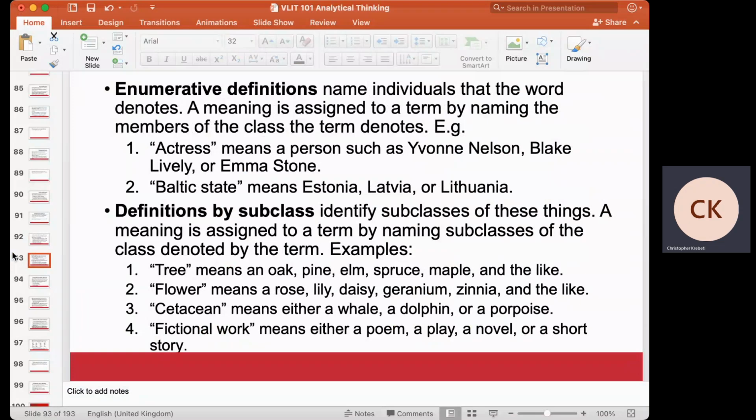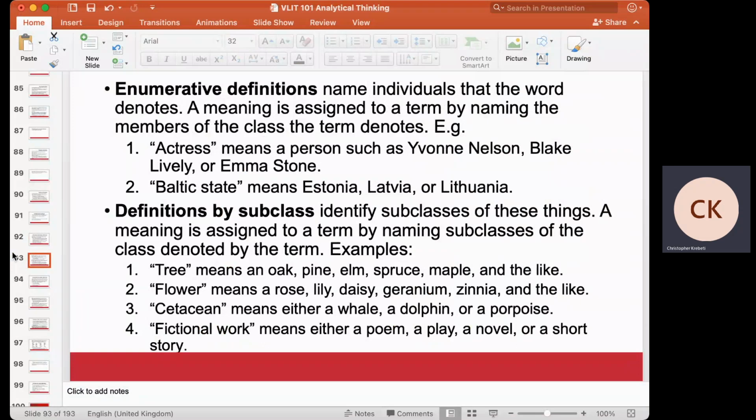Then you have another word like Baltic, the Baltic states. Baltic states means Estonia, Latvia, or Lithuania, or you even mention Finland, etc. They are all Baltic states. Okay, so that is enumerative definitions.